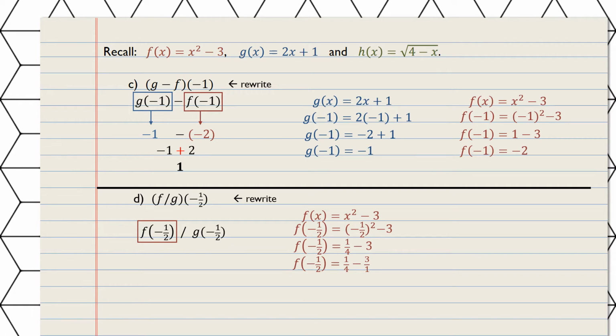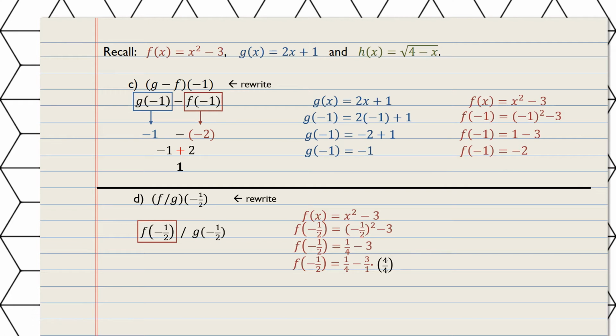So now we have two fractions, but recall, whenever you add or subtract two fractions, you must have a common denominator. Well, currently they do not have a common denominator, so we must find one. Our first denominator is 4. Our second one is a 1. So what would be our common denominator? Well, it would be 4, which means we need to multiply the fraction 3 over 1 by the fraction 4 over 4.